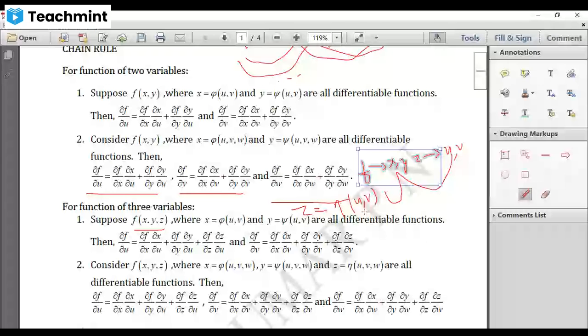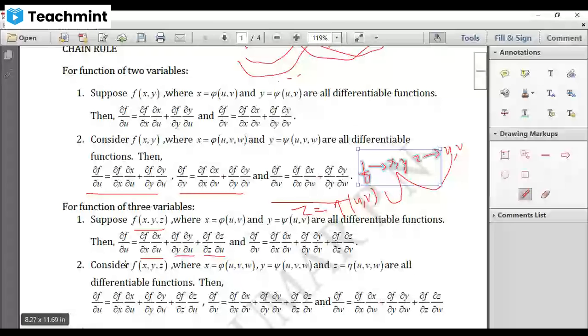Plus dou f by dou y into dou y by dou u, the second term. Plus dou f by dou z, because there is a third variable in f, so dou f by dou z into dou z by dou u. That will be the third term of dou f by dou u.